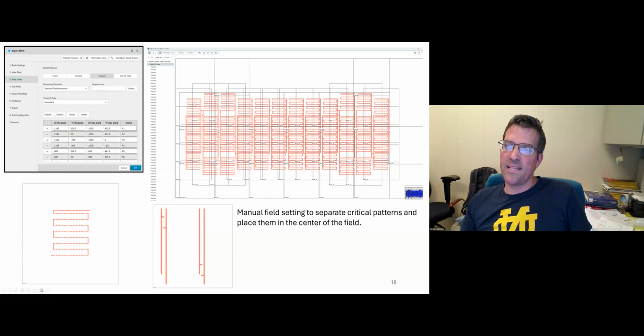In this case, I have 40 or 60 identical blocks that are critical to be in the center. So I uploaded the lower left and the upper right corner of the field that I wanted, and then the system automatically adjusted this field. So each of these blocks is centered around one field.